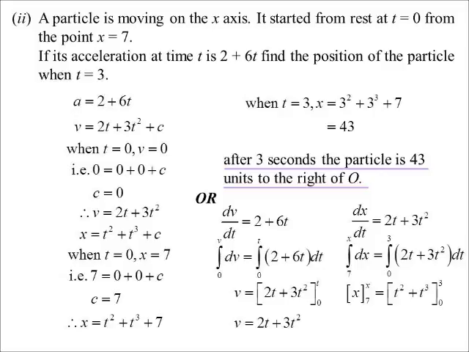So, yes, I sort of get the displacement formula, but I haven't had to worry about finding the constant, because I just sub in as a definite integral, and I'll end up with, well, x minus 7 is 3 squared plus 3 cubed. Move the 7 to the other side, which in effect was the constant, x equals 43. I tend to prefer that second way myself. I think it's a neater, cleaner solution, but also I think it's a quicker solution.